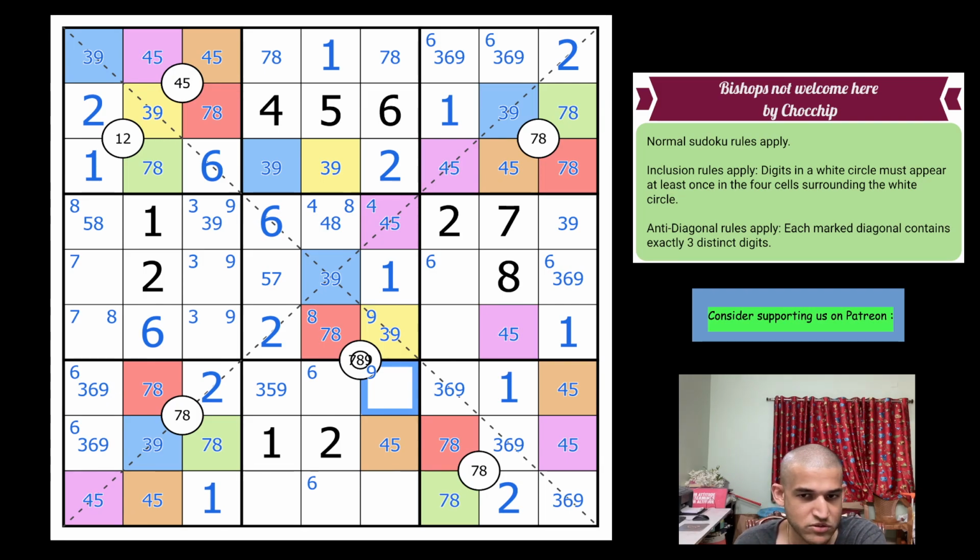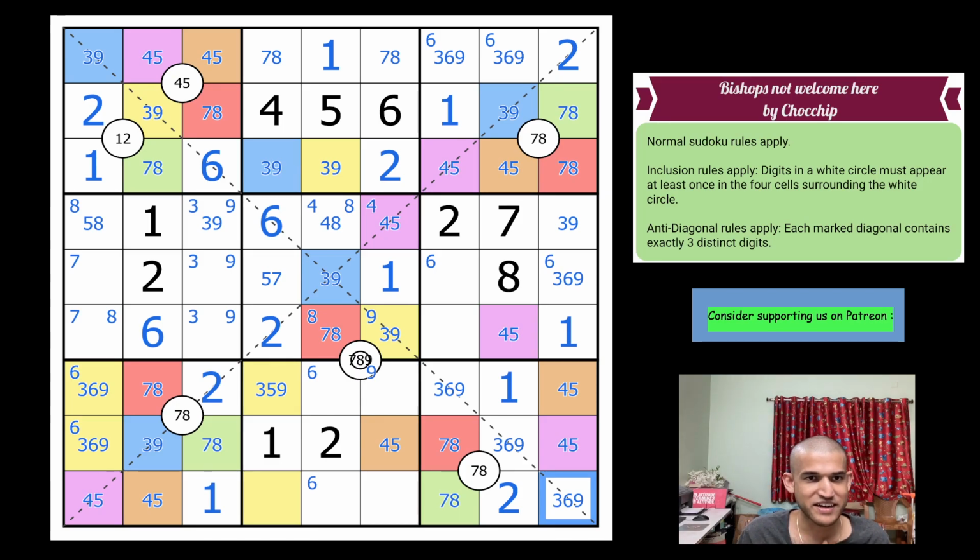Okay, the yellow 3-9 is in one of these two cells and one of these two cells, and in all these three cells it can go. Okay, that isn't really helping. Wow, there's something here again.